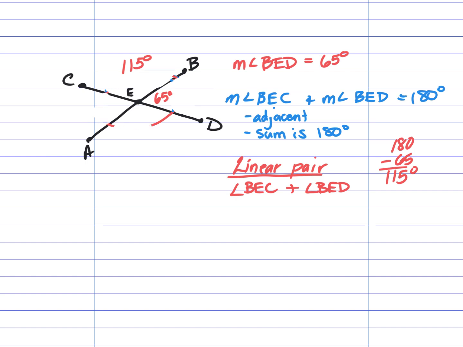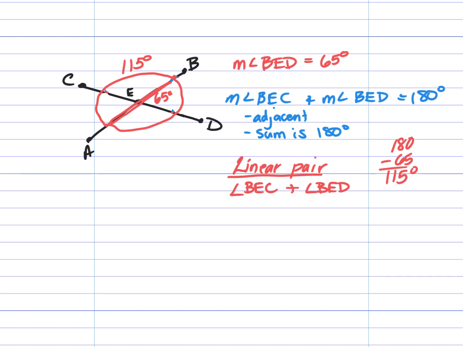So what we're going to do now is continue to go around the circle. Let's imagine for a moment that line segment BA is forming a semicircle here. Now we know that line segment AB or BA is a diameter.